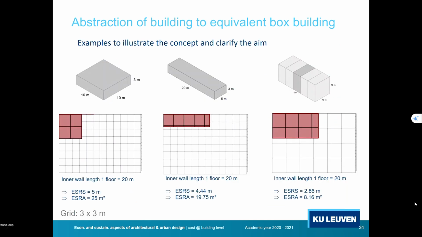Now, to illustrate this, I assumed in this building that I have an internal wall length of 20 meters in total, subdivided somewhere in the floor plan.